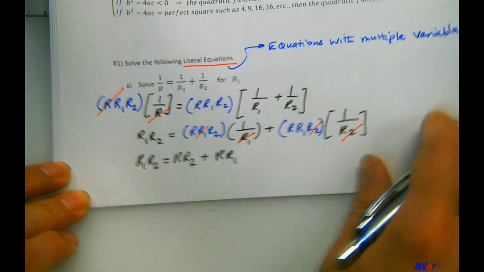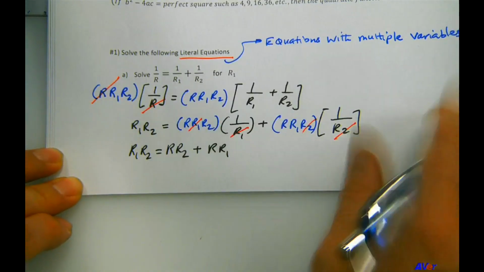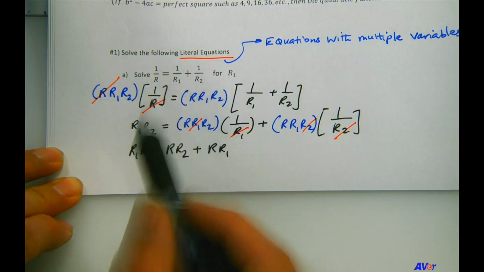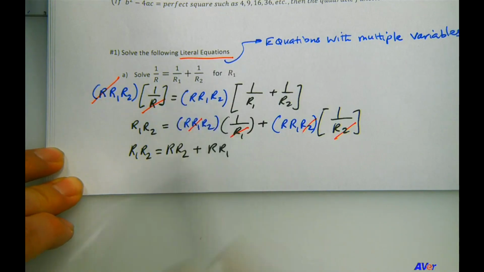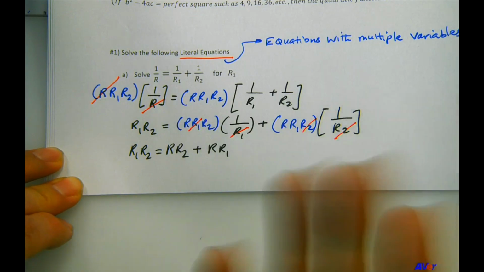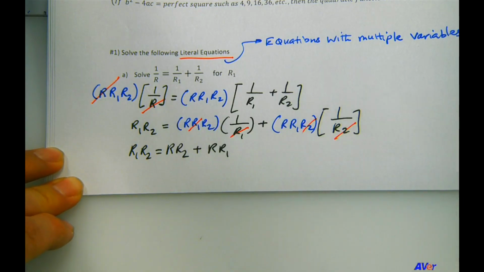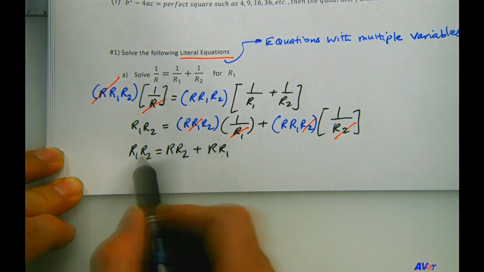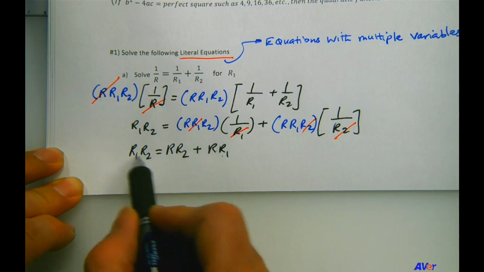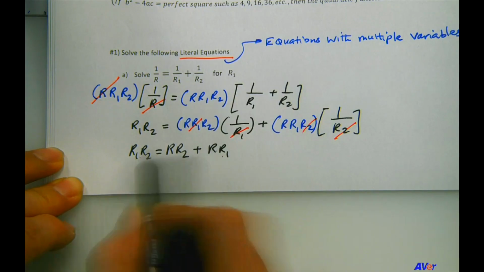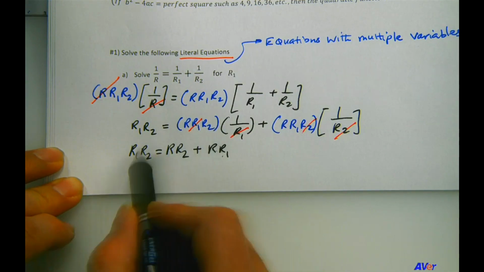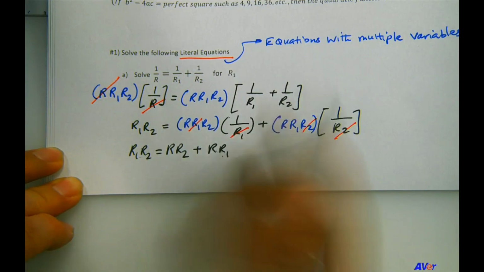Now they're asking us to solve for r1. That means we need to isolate r1. Anytime you're asked to solve for any variable, it means you need to isolate that variable. To isolate r1, take a look: r1 appears in two spots. We need to bring these two terms that have r1 in them to one side.